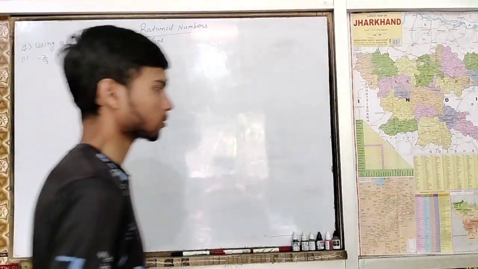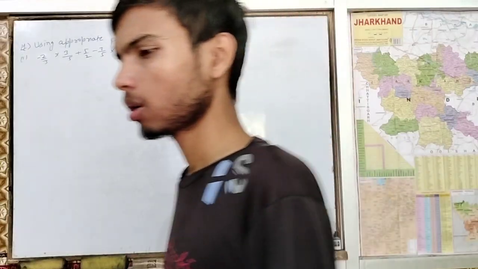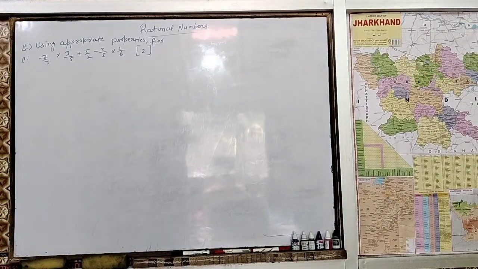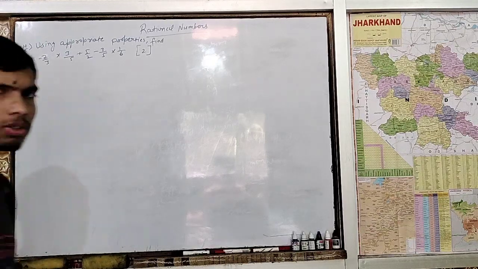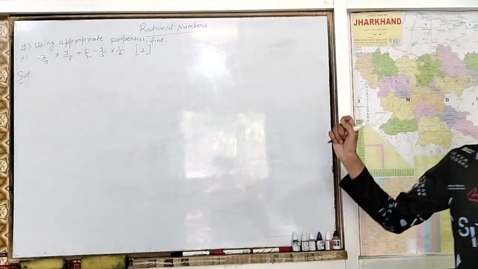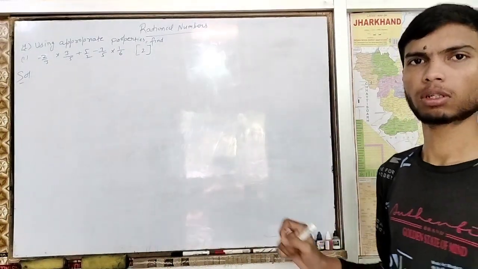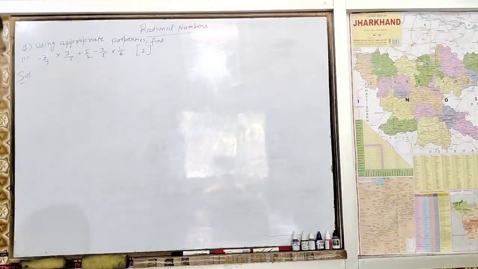I want to ask you, what process would you follow here? What do you think about this? First of all, look at this question. Read it carefully. If you are getting clarity, then you are able to move to the next step.